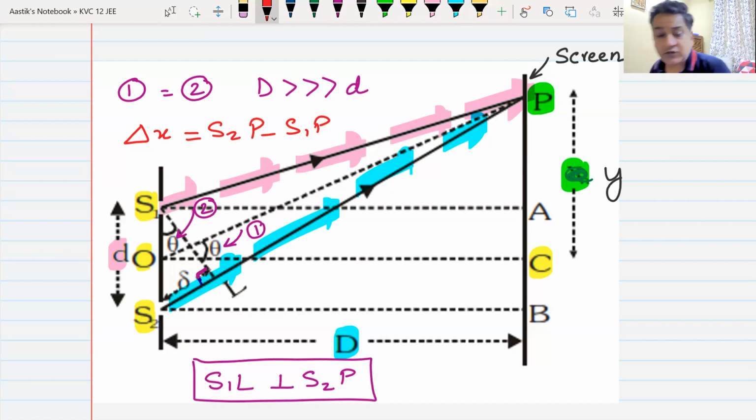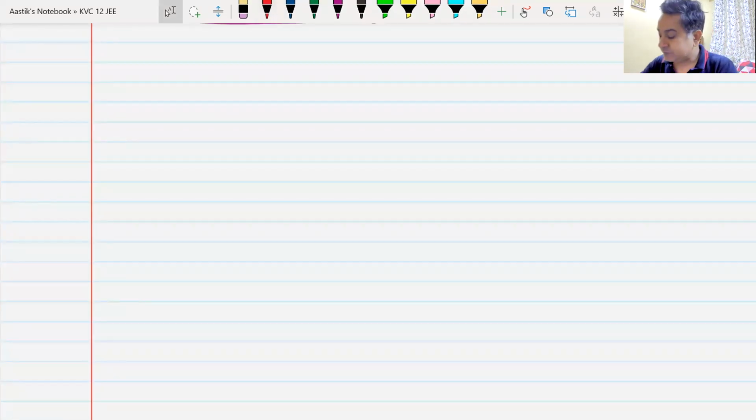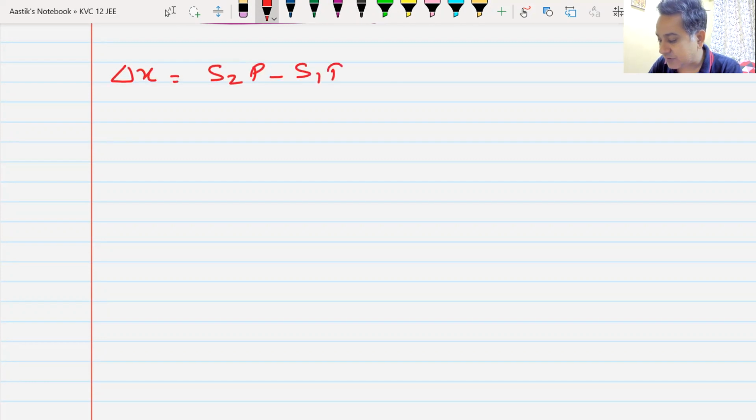That's all that we need to understand in this Young's double slit experiment, that the path difference between the two waves is S2P minus S1P. I shall write it here. Do we understand this? Yes or no? Yes.